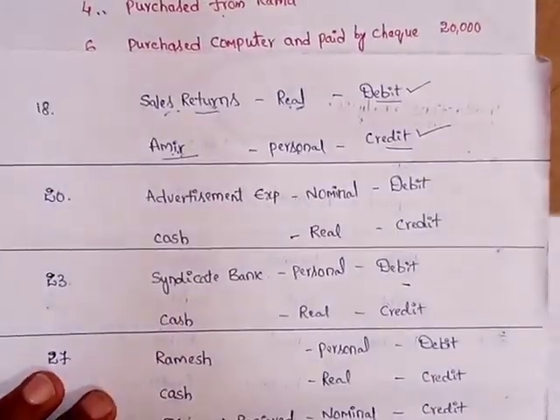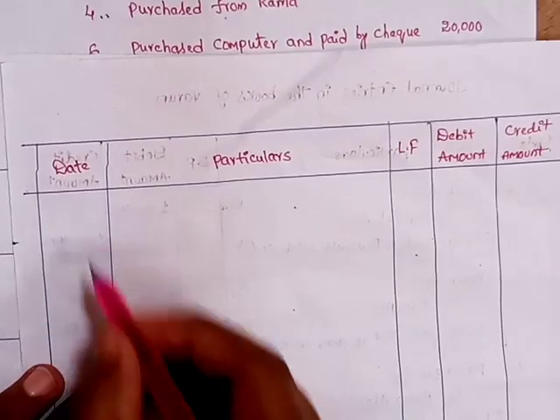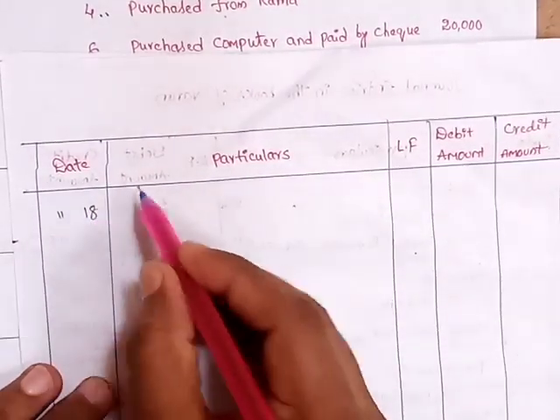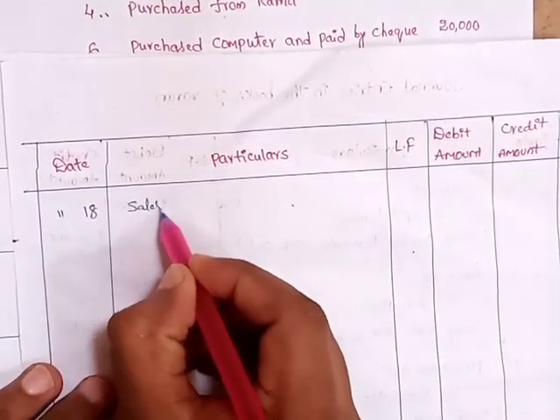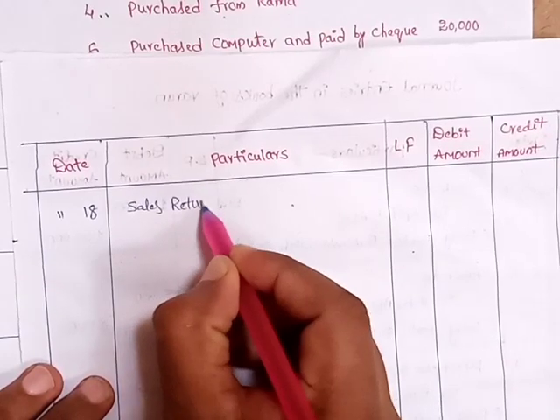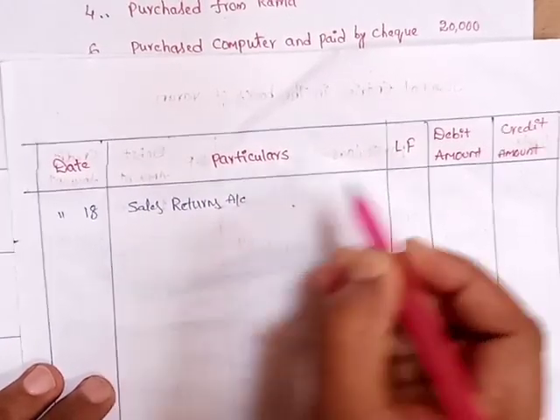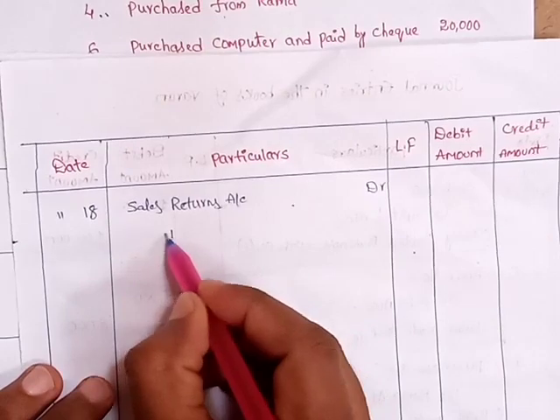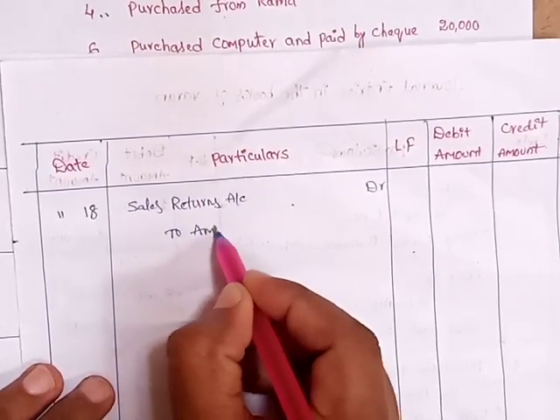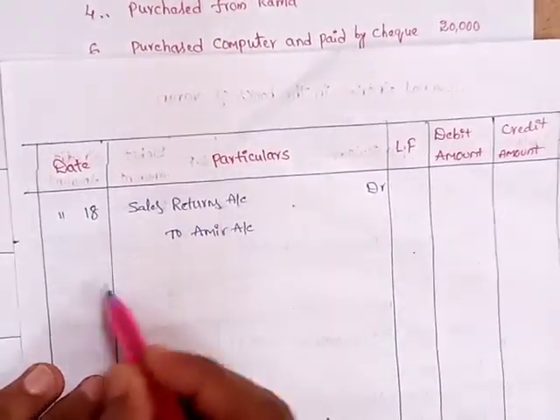So the entry is date 18, sales returns account debtor to Amir account.